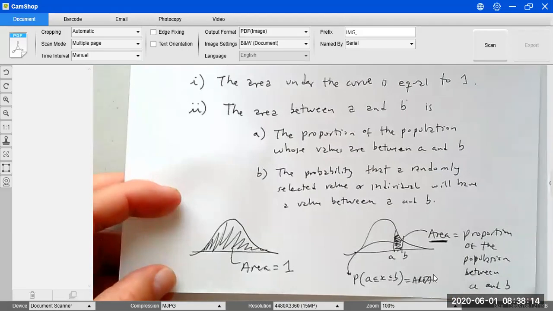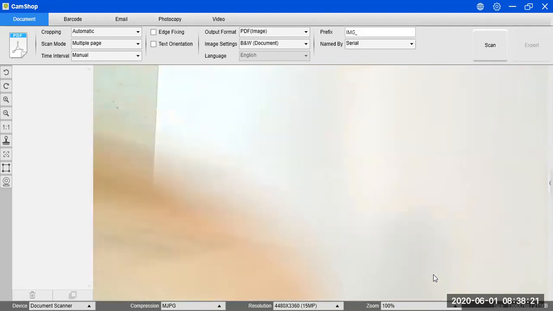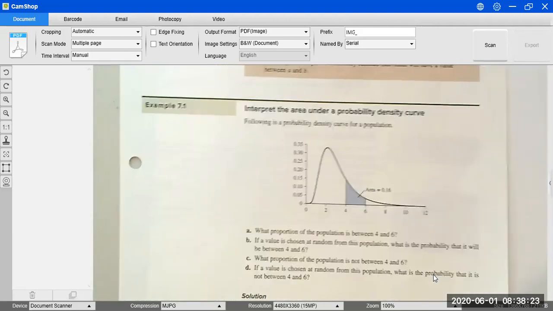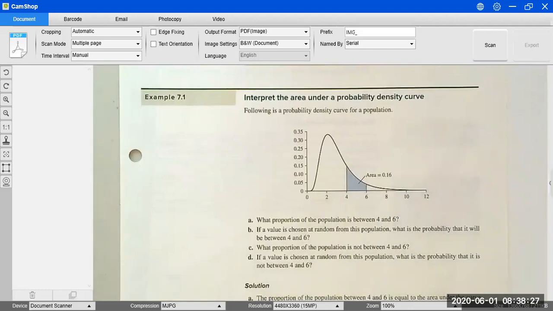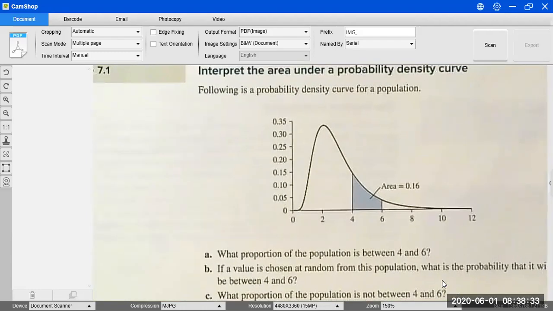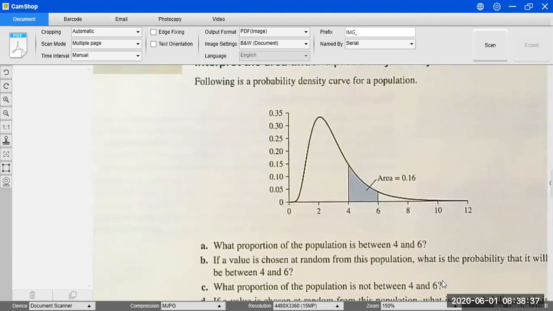So let's see, we're going to work on example 7.1. Example 7.1 is on page 295. So we have here the example. I'm going to show you the problem. Following is a probability density curve for a population.